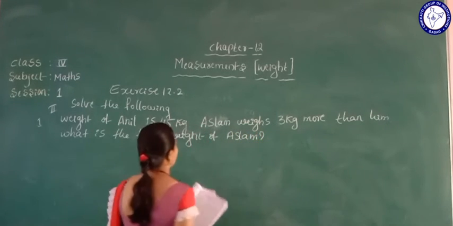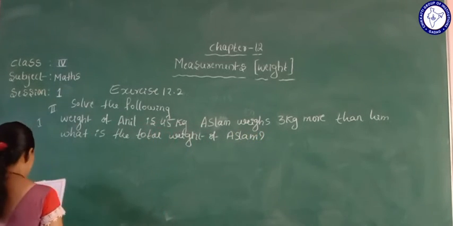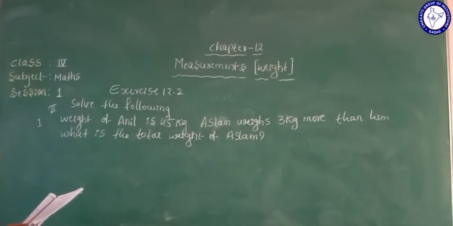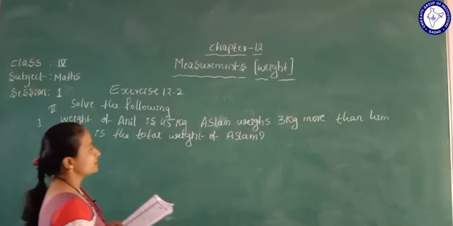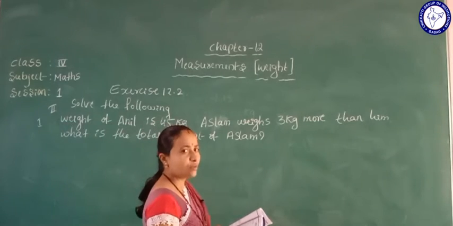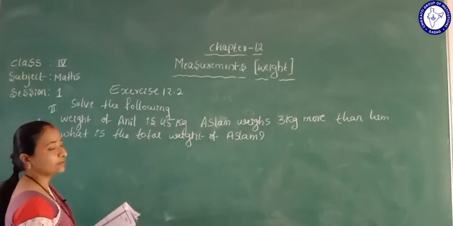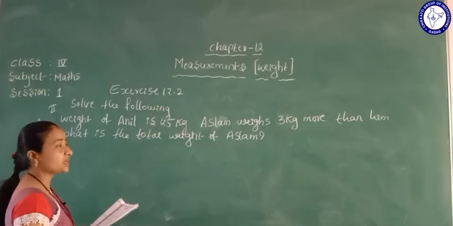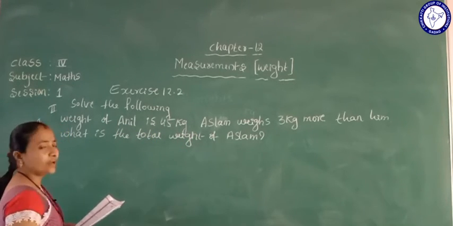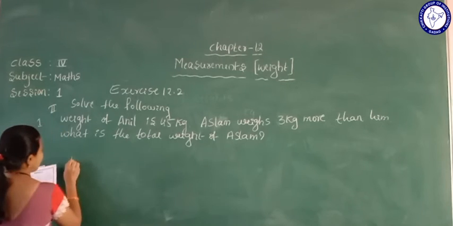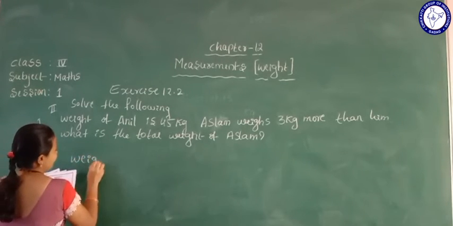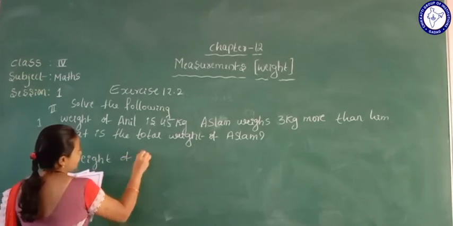Yes, what will we be finding here? The weight of Anil is 45 kg and Aslam weighs 3 kg more than him. Okay, what is the total weight of Aslam? So we will be finding the weight of Aslam. First we will write the weight of Anil.